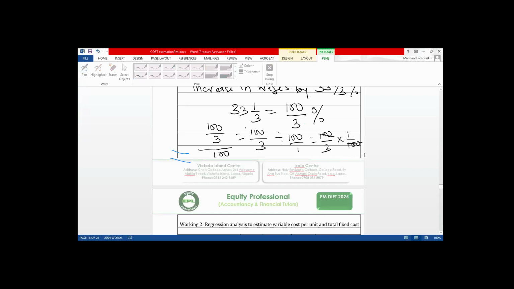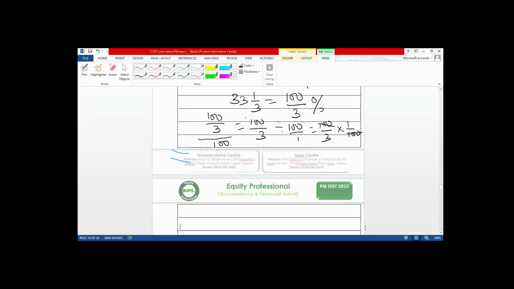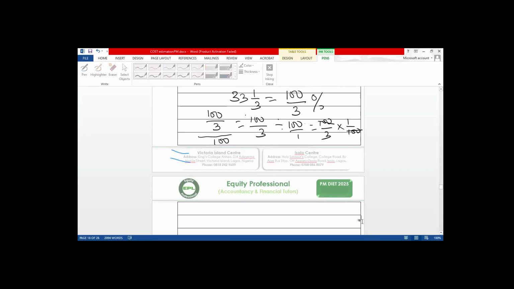Let me create more space. Now go to your calculator. Check 1 divided by 3. What do you have? 0 point something. 0.333. You are going to have 0.33333, something like this going to infinity.